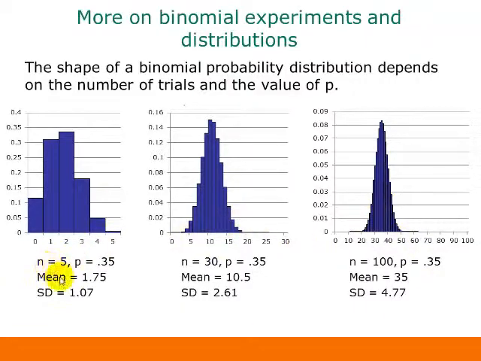And remember, the mean for a binomial distribution is just n times p. So as we increase our number of trials, our mean is going to increase. It went here from 1.75, which is a little bit to the left of the middle of this graph. Here it's 10.5, which again is a little bit to the left of the center of the graph. And here it's 35, which is also a little bit to the left of the center of this graph, which would be 50.